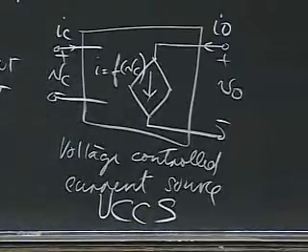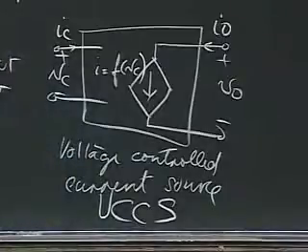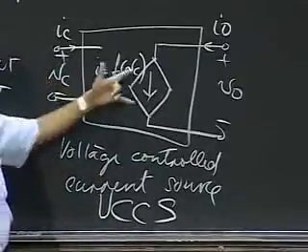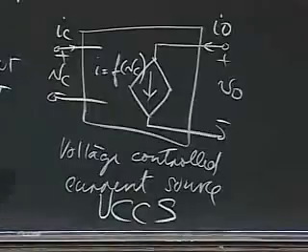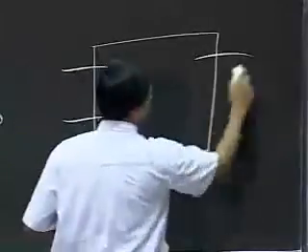So, in like manner, I can also devise other forms of sources. You can think of this as a device where a voltage controls an output current. You can think of all other combinations: current controlling current, voltage controlling voltage, current controlling voltage, and so on. So here is another dependent source.